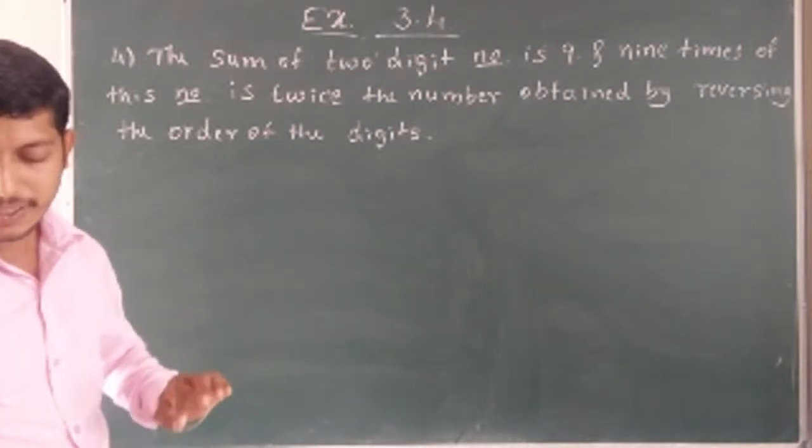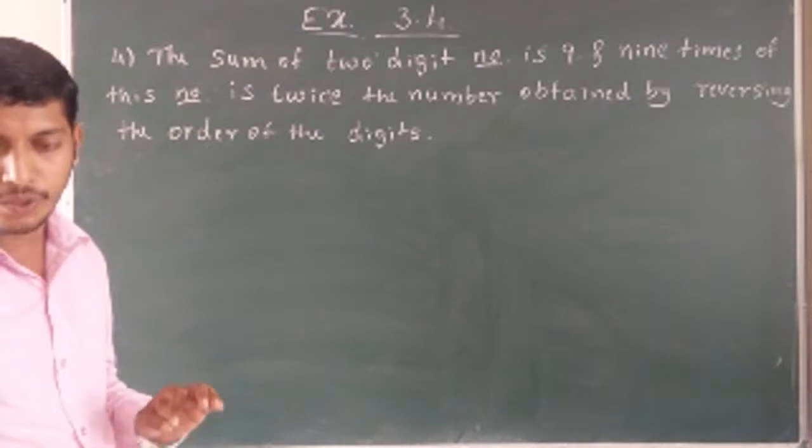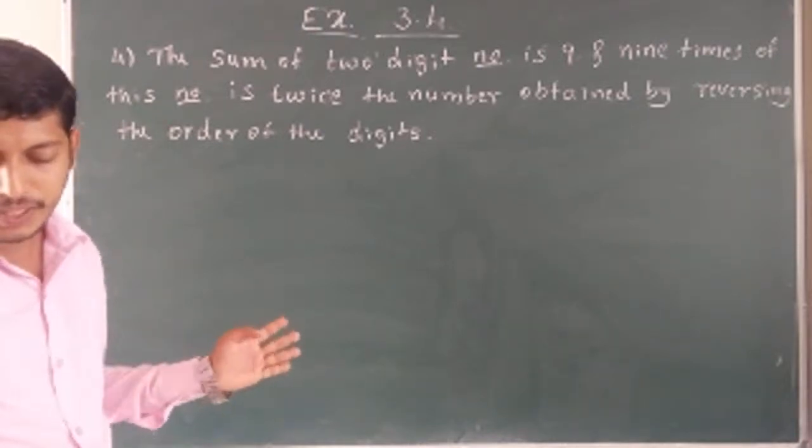Also, 9 times this number is twice the number obtained by reversing the order of the digits. So what are the given data here? The sum of the digits of a two-digit number is 9. Also, 9 times this number is twice the number obtained by reversing the order of the digits. Find the number.